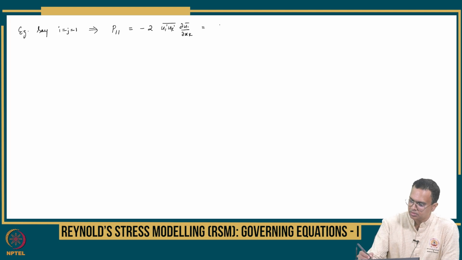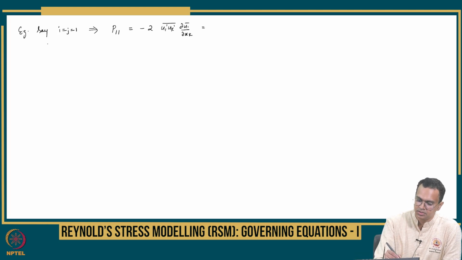So this gives me a sum of 3 terms to compute the production rate for one of the Reynolds stresses.